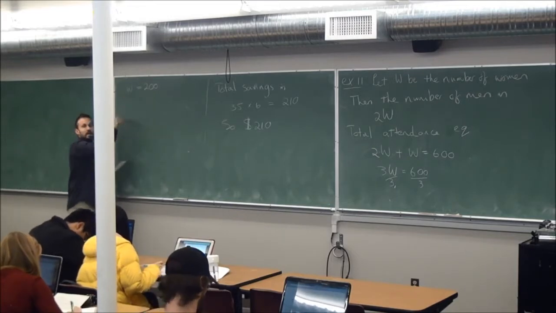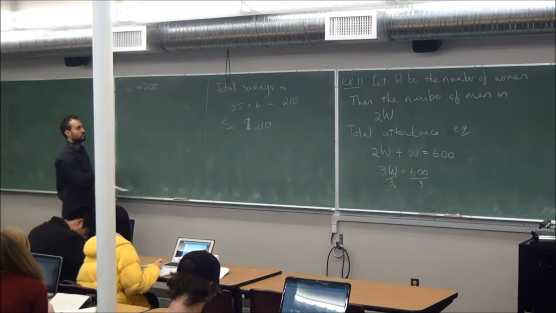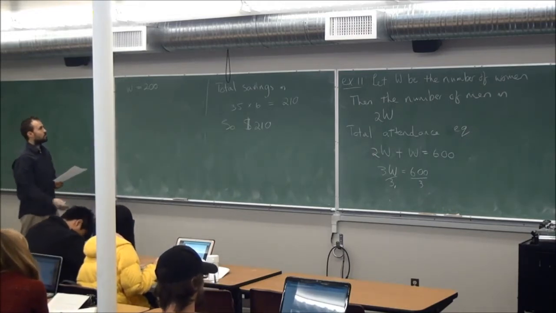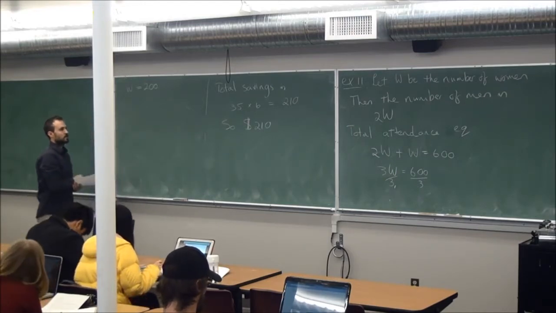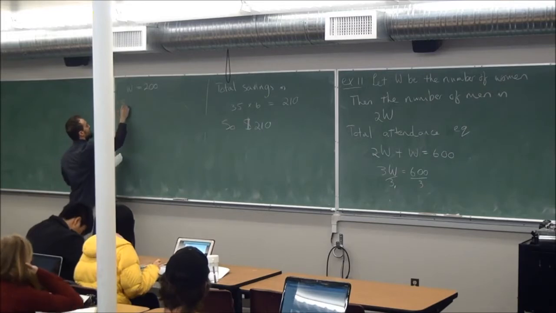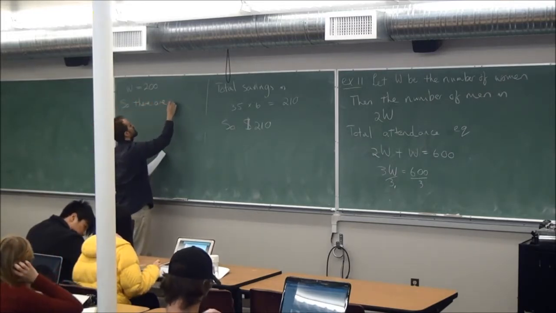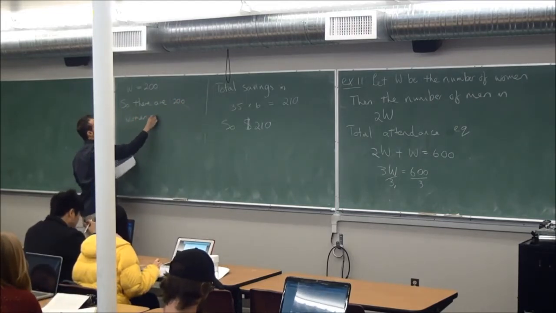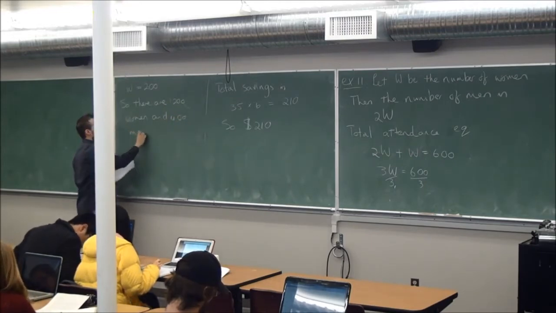The W was for my benefit only, to try and find the solution. I want to write my answer without using the variable. So I can say there are 200 women and obviously then 400 men.